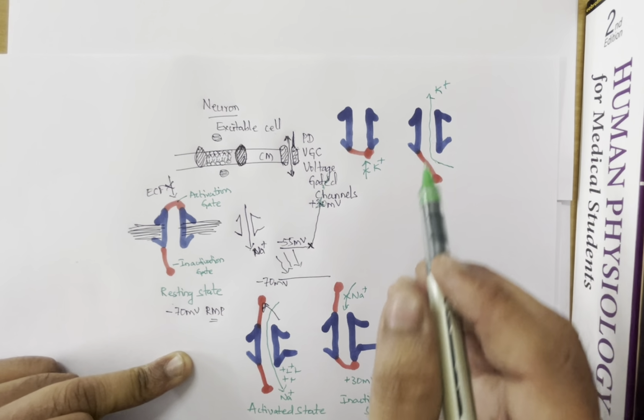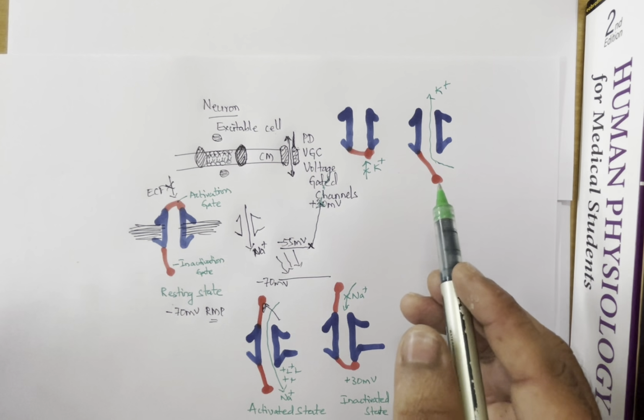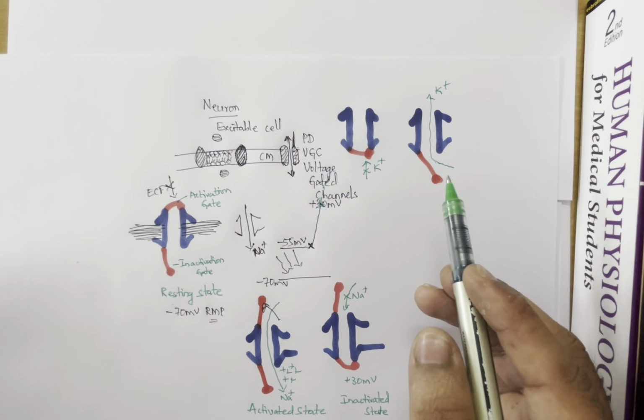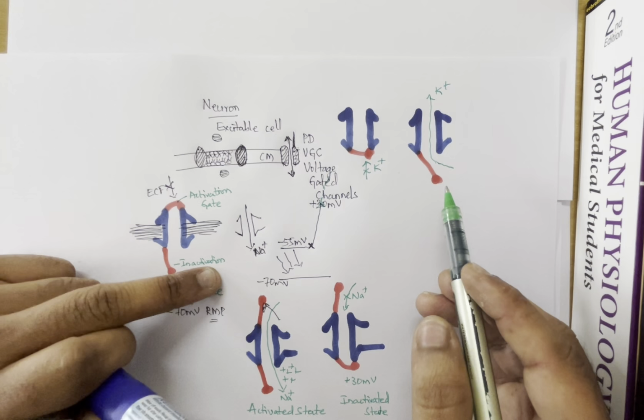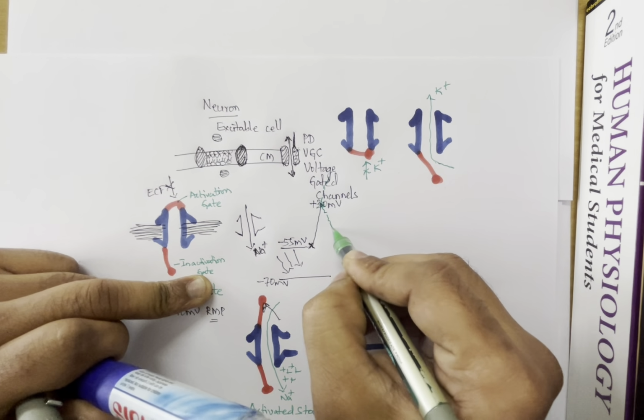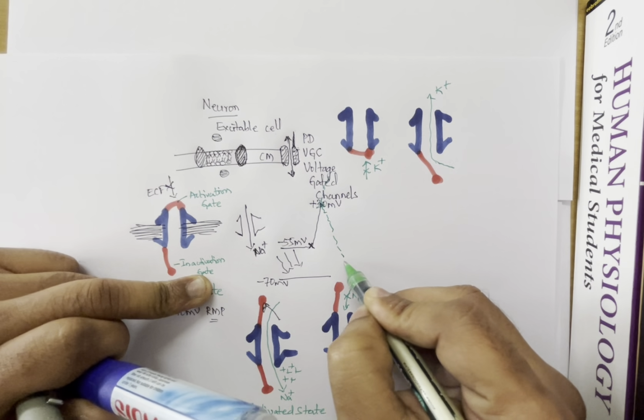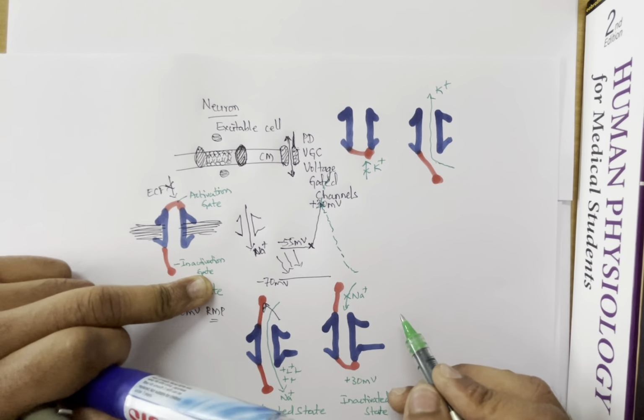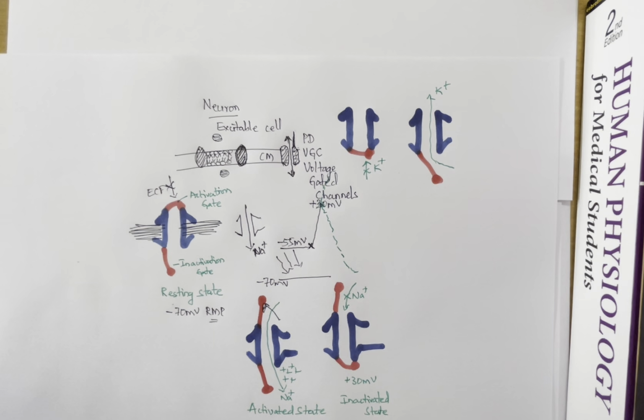So efflux of potassium ions along the activated voltage gated potassium channels will bring the membrane potential from plus 30 downwards to the resting level. These potassium ion channels are slow to open.